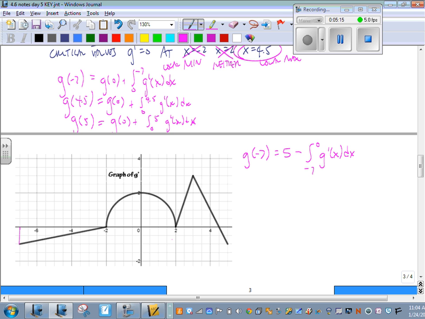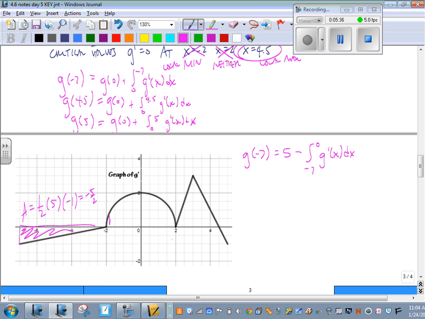So from -7 to -2, we just have a triangle right here. So we can find that area is 1/2 times our base is 5, height is -1. So we get an area of -5/2 for that part.